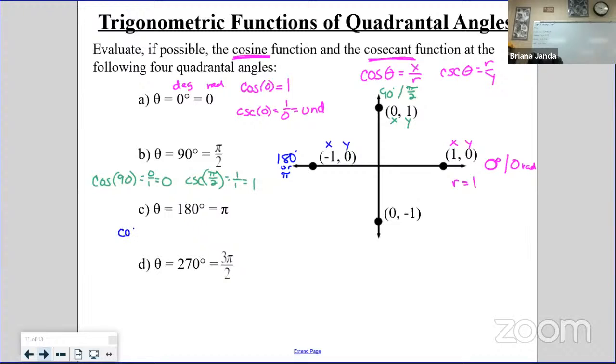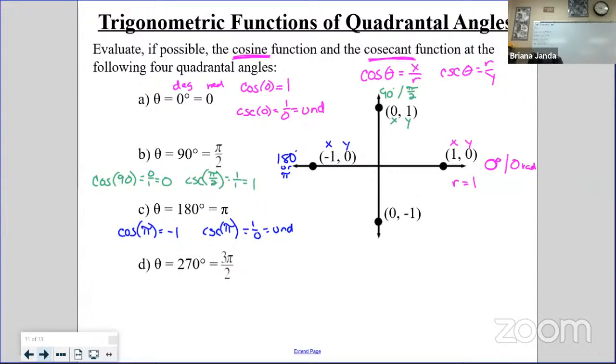So cosine of whatever you want to call it, theta, pi, 180, is -1 over 1, which is -1. And cosecant is our r value 1 over our y value 0, which is why I will say it is undefined.